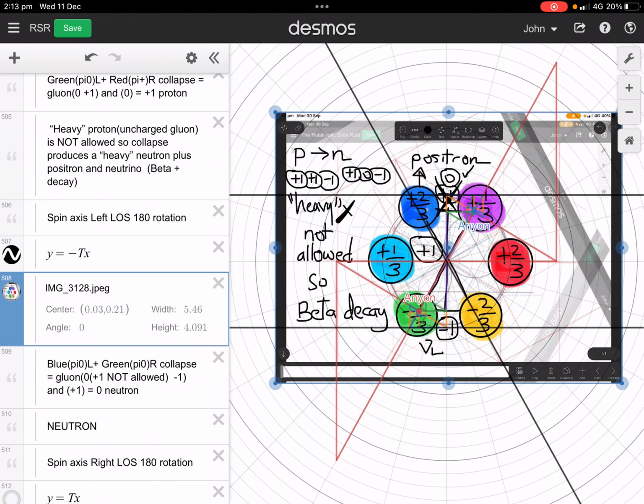In this case the proton would be heavy, and so it's going to decay, give off a positron and a neutron down the bottom, and that'll cause it to become a neutron instead.